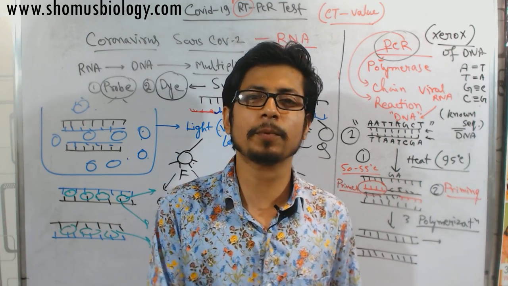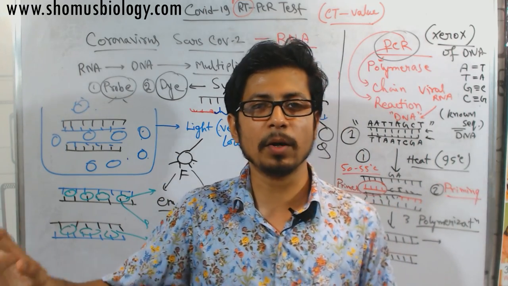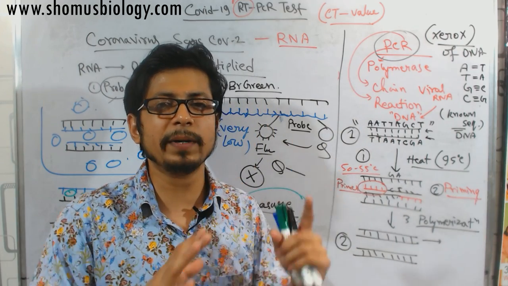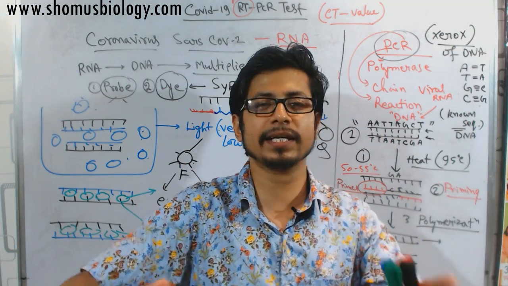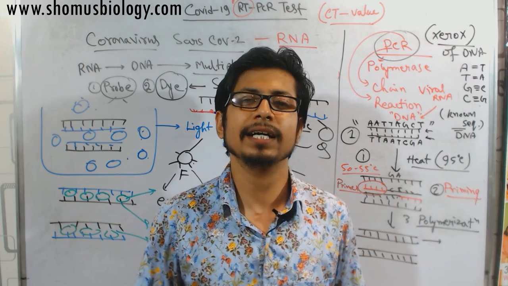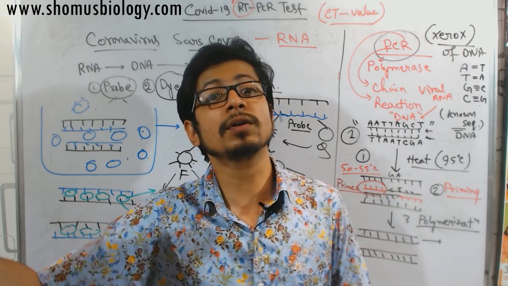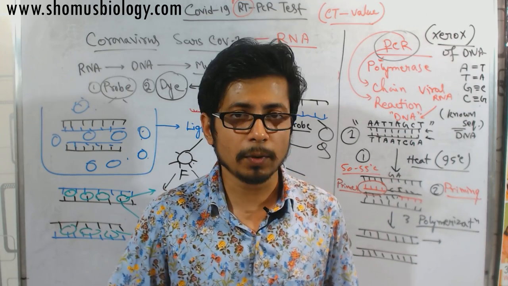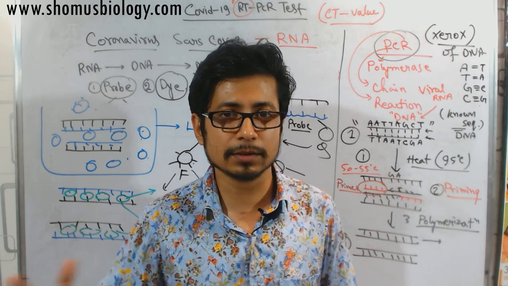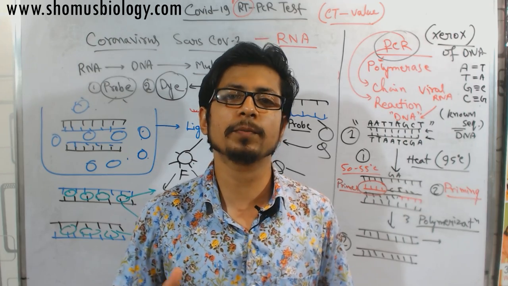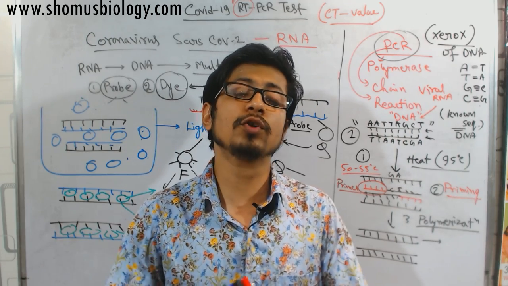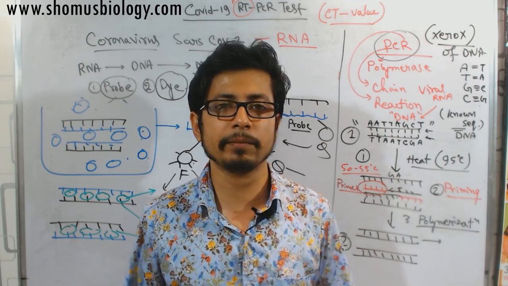Okay, so this is the process and there is no doubt about it. This is the best technique that is available right now to detect RNA and DNA in a sample. Earlier there were techniques known as Southern blotting and Northern blotting. Southern blotting was there to detect the presence of DNA, Northern blotting was there to detect the presence of RNA, but those were really complicated and time consuming.